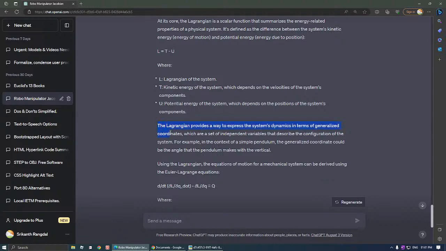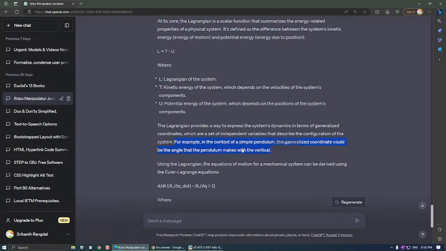So the Lagrangian provides a way to express the system's dynamics in terms of generalized coordinates, a set of independent variables that describe the configuration of the system. Complex words. Let's start understanding, for example, in the context of a simple pendulum. The generalized coordinate could be the angle that the pendulum makes with the vertical. So we don't really have to worry about the x and y coordinates in the Cartesian plane, we just have to take care of the angle of the pendulum.